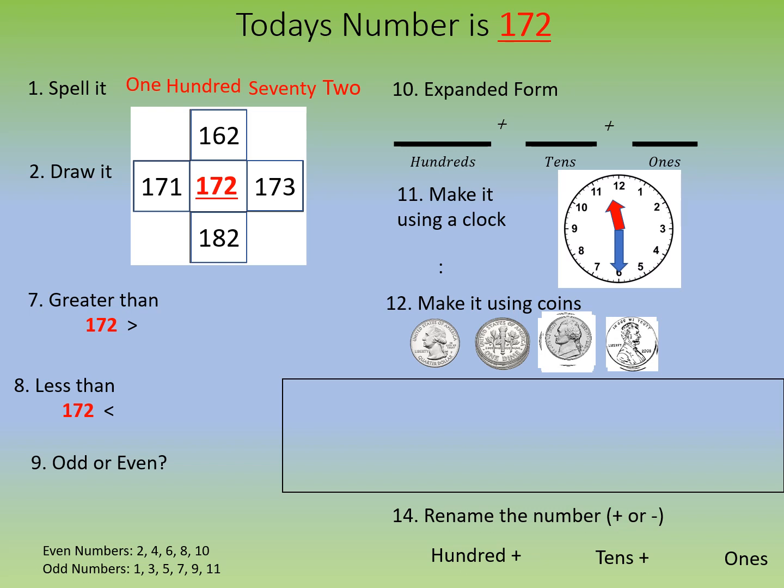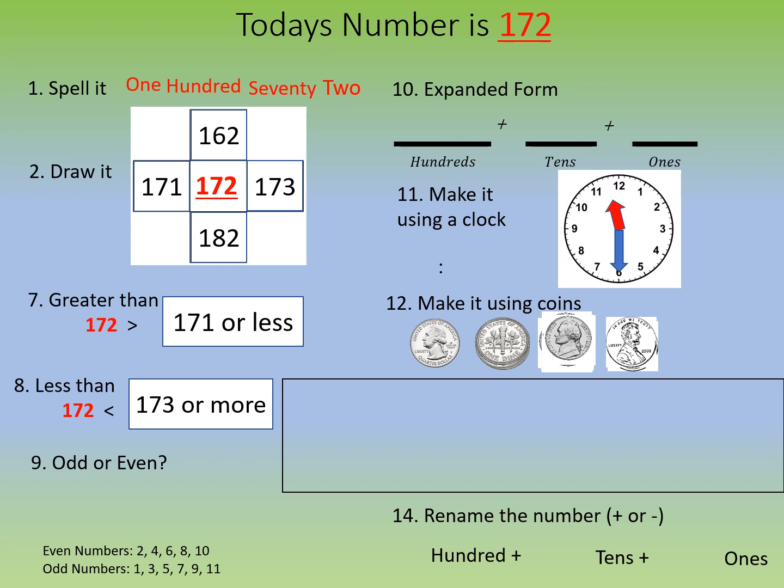A number that 172 is greater than is 171 or less. So if you said 1, you would be right. Number 8, less than. 172 is less than what number? 173 or more.